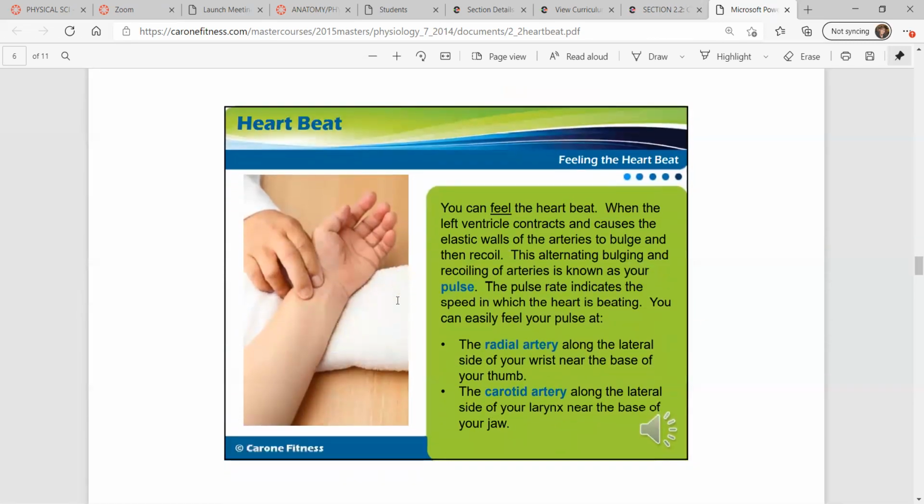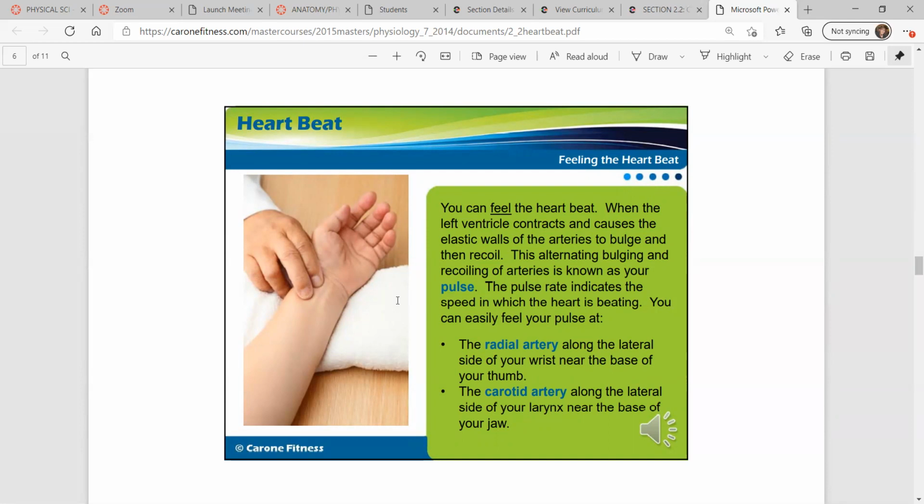You can also feel the heartbeat. When the left ventricle contracts and causes the elastic walls of the arteries to bulge and then recoil, this alternating bulging and recoiling of arteries is known as your pulse. The pulse rate indicates the speed at which the heart is beating.